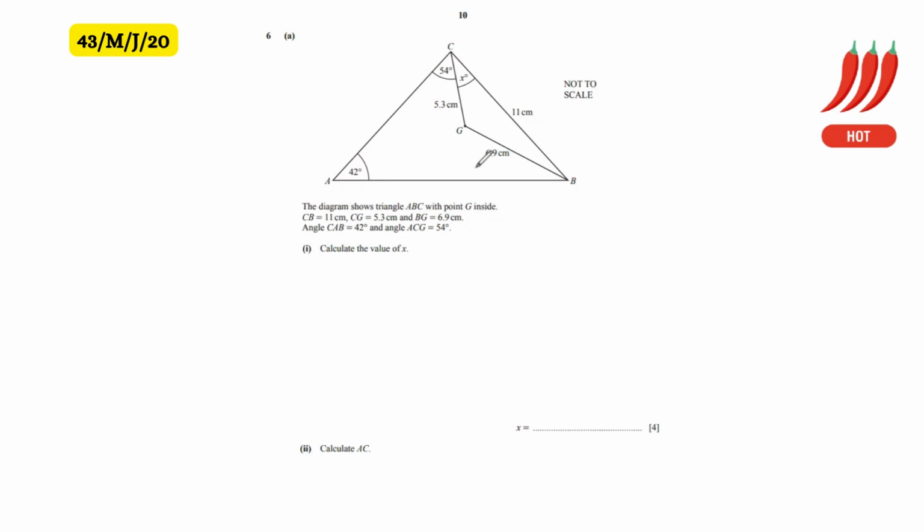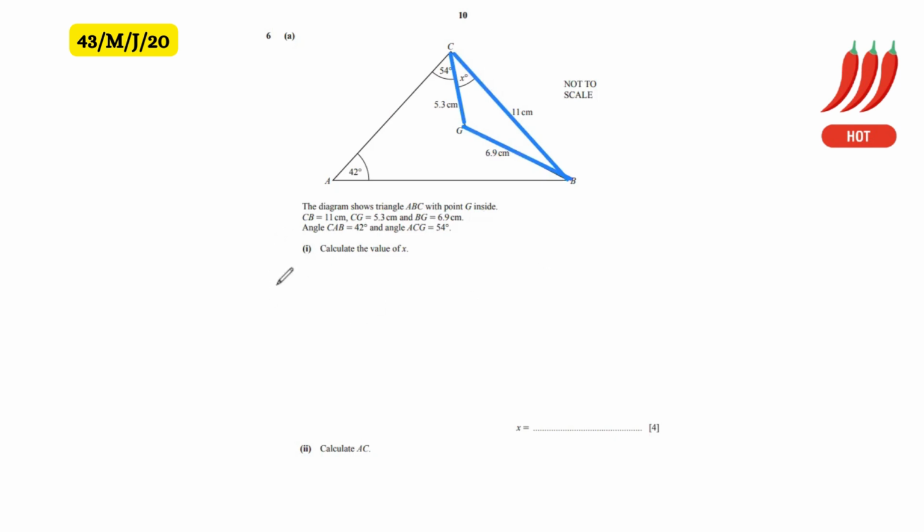So now if we look at the triangle BCG, in this triangle we have all three lengths and they want us to find one of the angles. So whenever we have all three lengths in a non-right angle triangle and they want us to find the missing angle, we use the cosine rule.